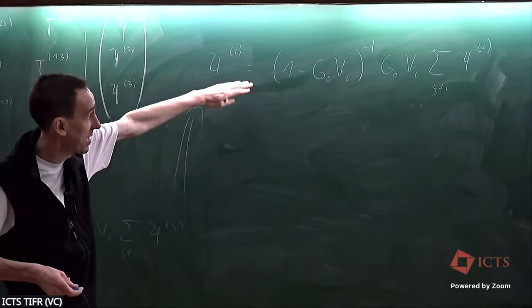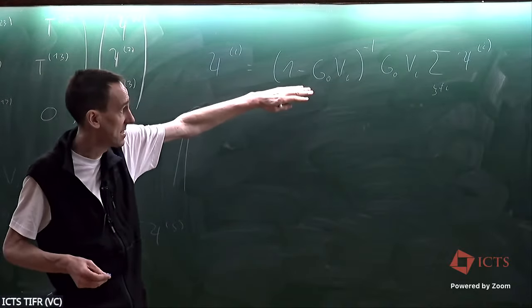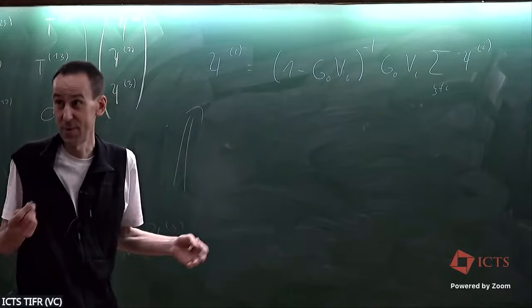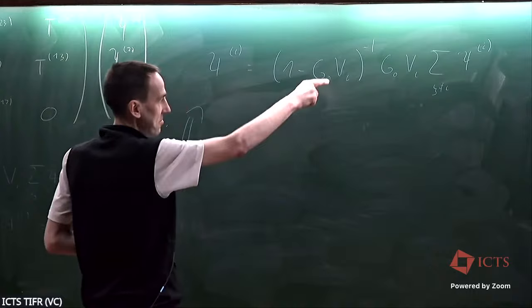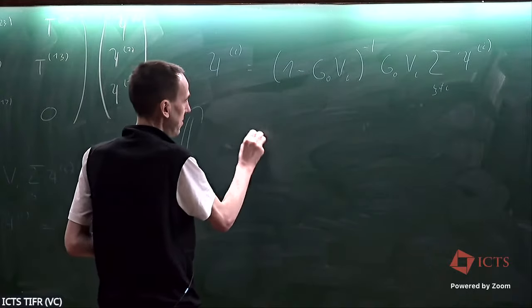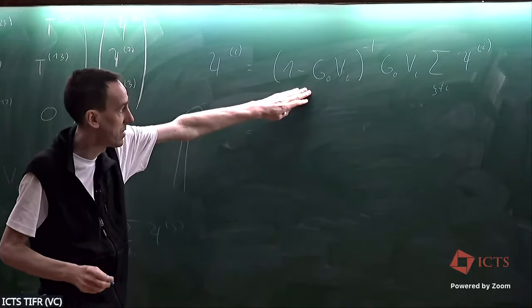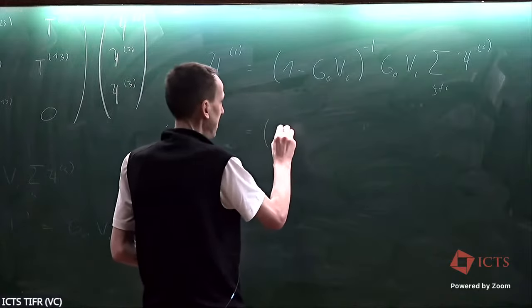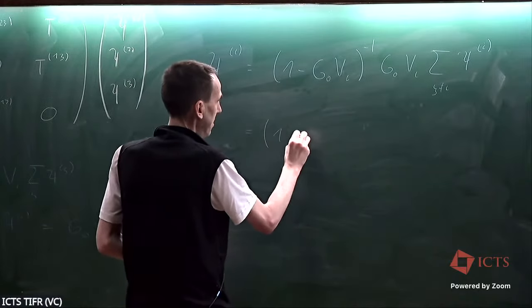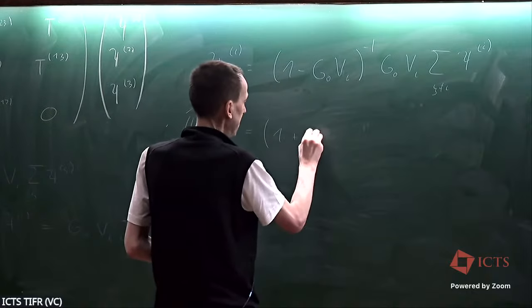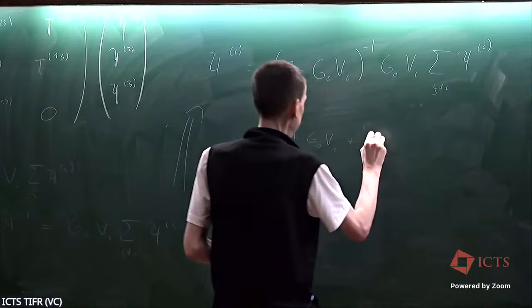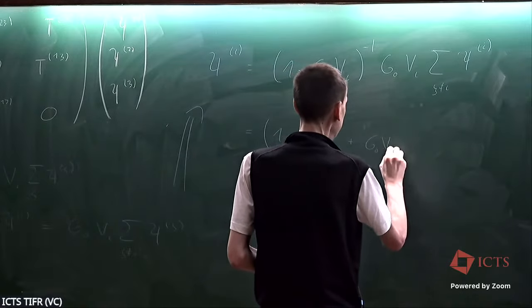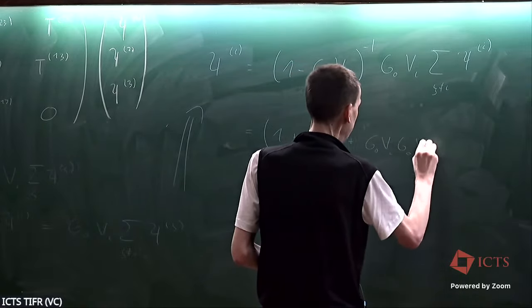But the one thing which reoccurs always is the usage of geometric sums. So if I expand that as a geometric sum, what I have is 1 plus G naught VI plus G naught VI, G naught VI.